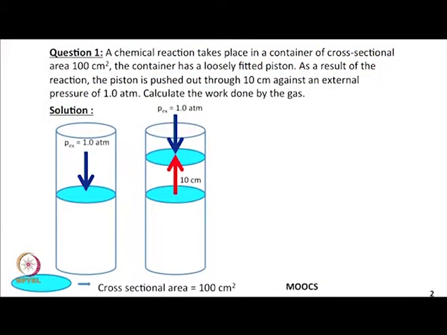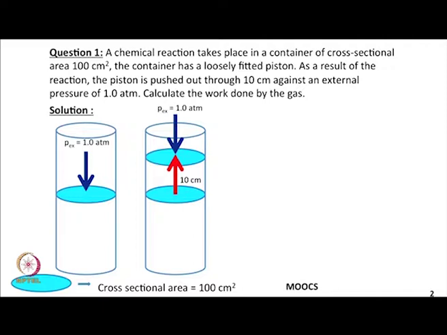And it is a very simple problem, as you can see in this figure, that you have a container with a cross sectional area of 100 centimeter square, and the piston is moved out or moved upwards by 10 centimeter. And what we have to do is to calculate the work done by the gas.